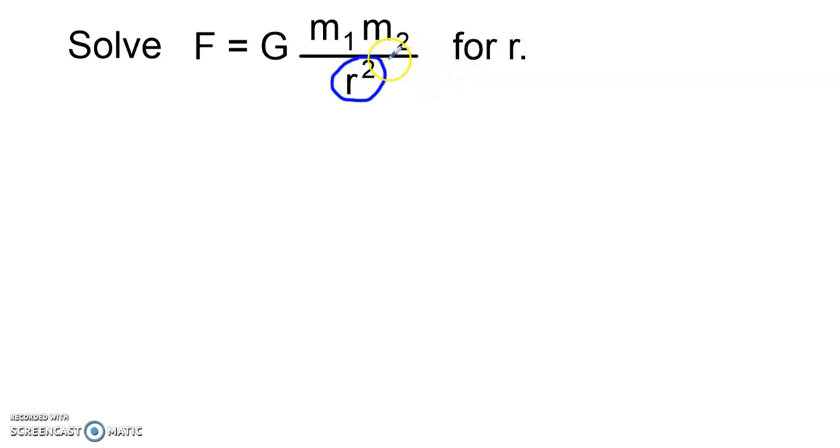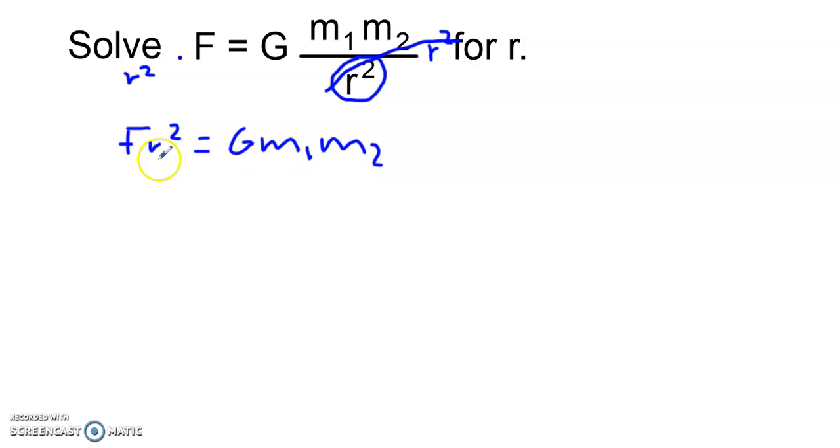So the first thing that we need to do, we can times this whole thing by R squared on both sides. So that will cancel, and that will give us F R squared equals G M1 M2. Now F is timesing to R squared, so we need to divide him.